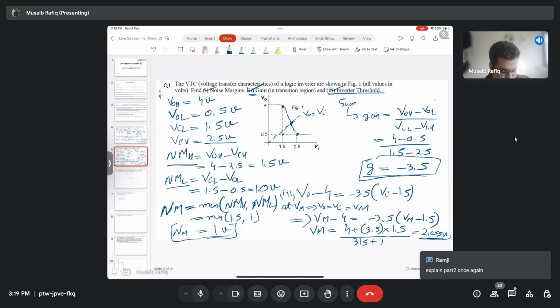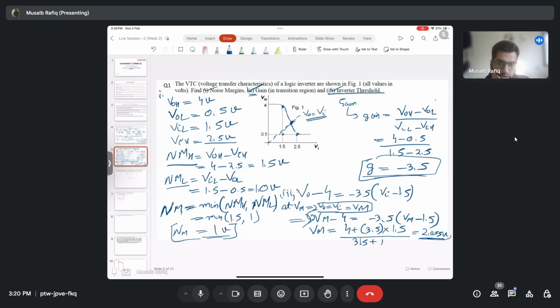I put V0 equal to Vi equal to Vm, because at the switching threshold my input and output are equal. I did the maths and got Vm equal to 4 plus 3.5 multiplied by 1.5 divided by 3.5 plus 1, and finally the answer as 2.055 volts.